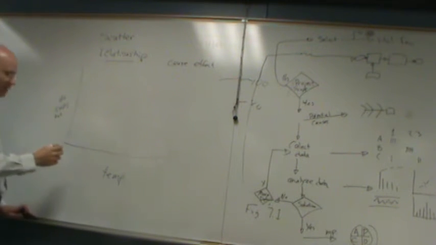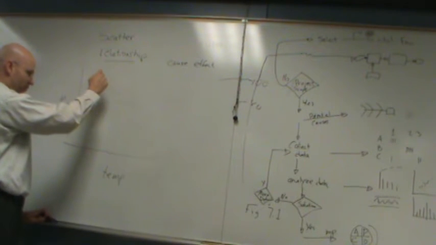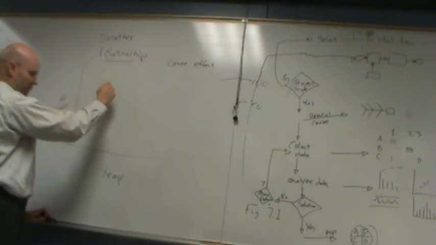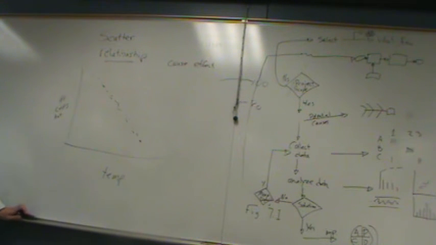In that case, as the temperature decreases, you may have a relationship that might look like that. So that is a negative relationship: as the X increases, the Y response decreases.